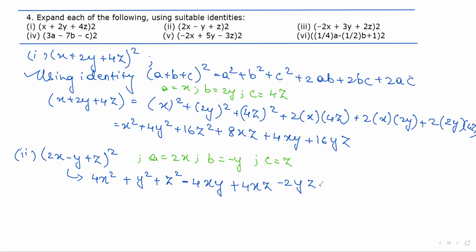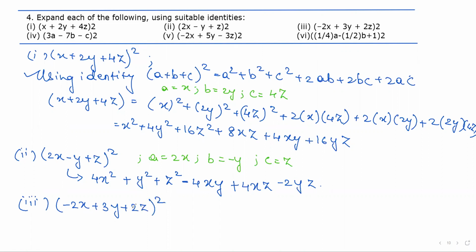Next, third question: (minus 2x plus 3y plus 2z) whole square.